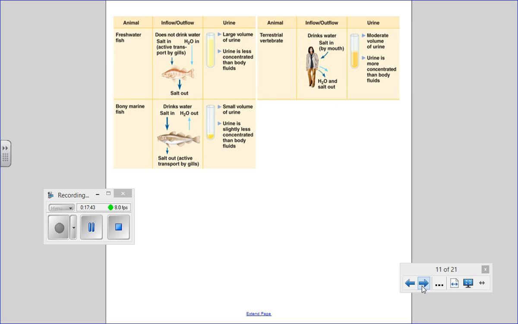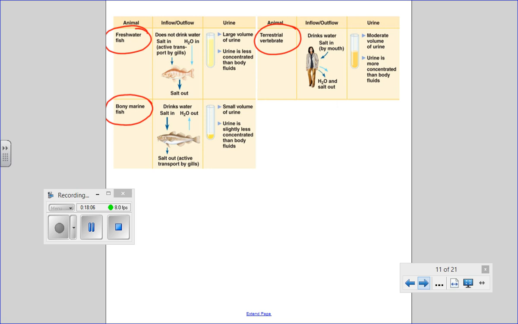So I've got a little comparison here. I'm going to make a short version of this so you don't have to necessarily draw all of this. But I'm going to compare a freshwater fish, a marine fish, and a terrestrial vertebrate, which is what we are. We are vertebrates. We have a spinal cord and column, and we live on land.